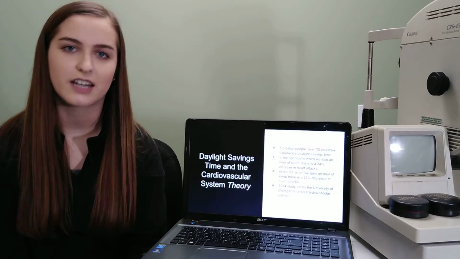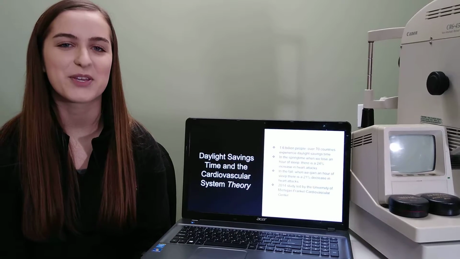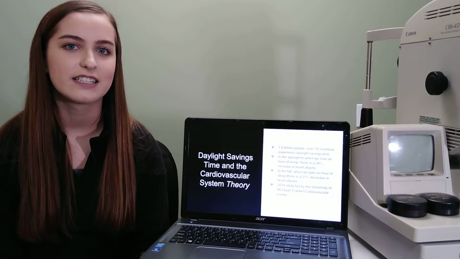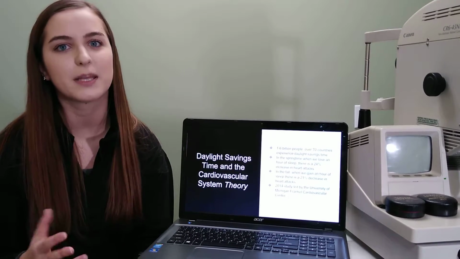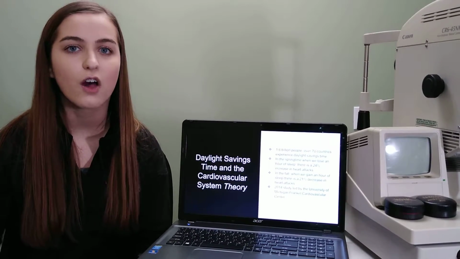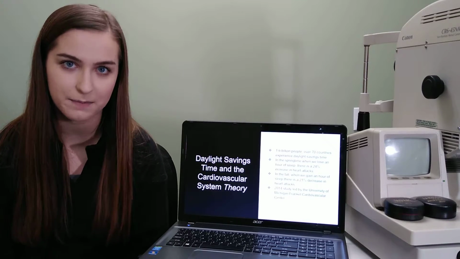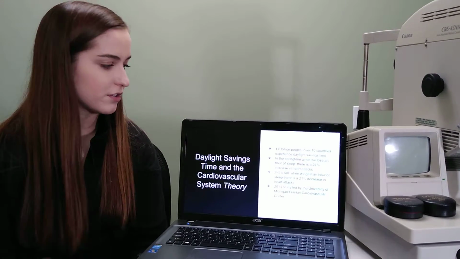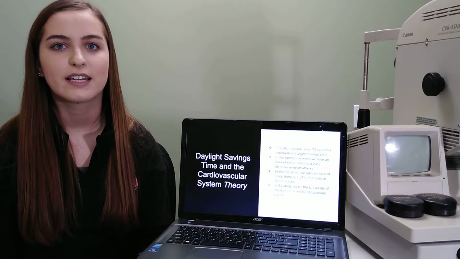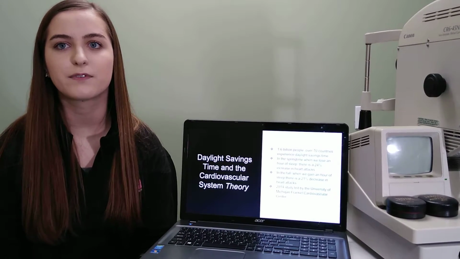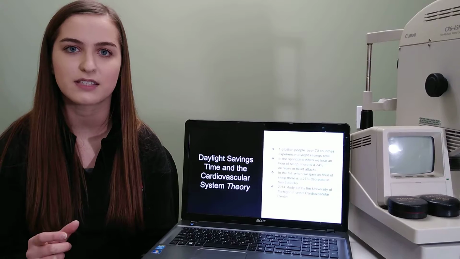And then this is a study that I found kind of interesting from the University of Michigan, and they realized that about 1.6 billion people over 70 countries all experience daylight savings time. So they decided to do this study in 2014, and they did it over the course of a couple of years, and they tracked the heart attack rates on the Monday after a change in the daylight savings time.